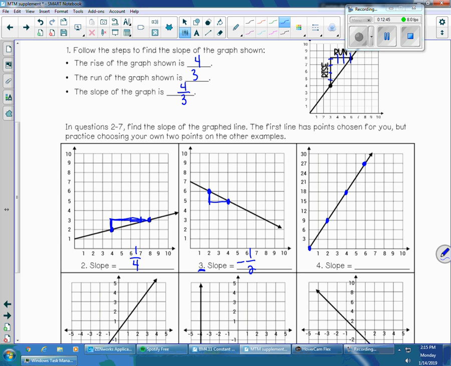Okay, what I just did is I made points at each intersection where my line is crossing an integer coordinate pair. Like if I were to label this one, it would be 2, 9. If I label this one, this is 4, 18.